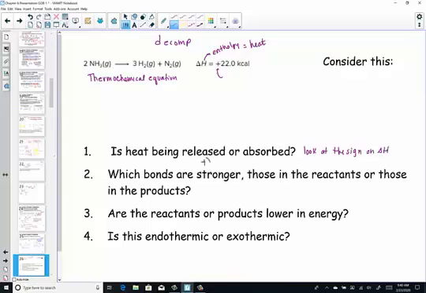So a positive delta H indicates that it is an endothermic reaction, meaning heat is being absorbed. It is required for the reaction to occur. Requiring energy means that the reactants have stronger bonds than the products. So all endothermic reactions, the reactants have stronger bonds than the products.